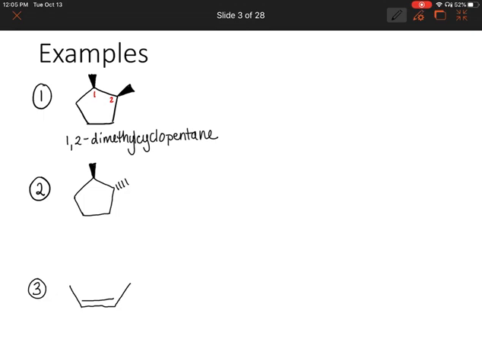So they're both on the same side, which means that they're cis to each other. So we would add cis in front of our name. Cis 1,2-dimethyl cyclopentane. Okay, so what about molecule number 2? What is the term for opposite sides?